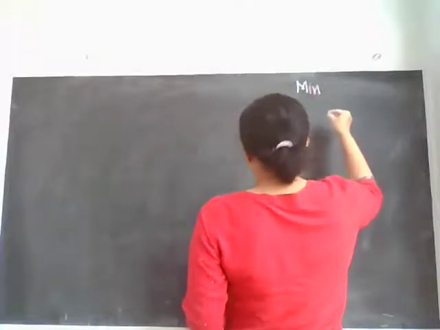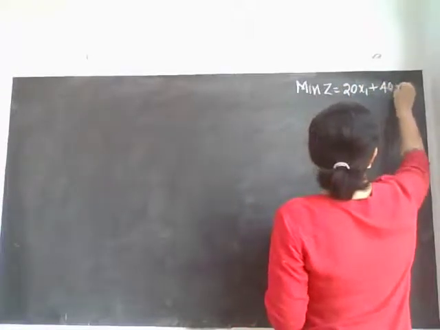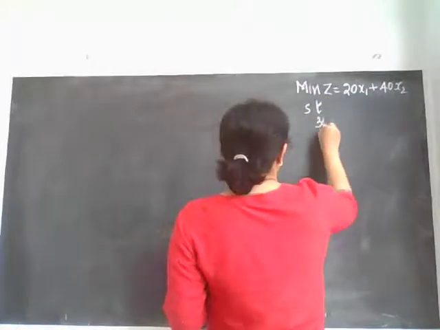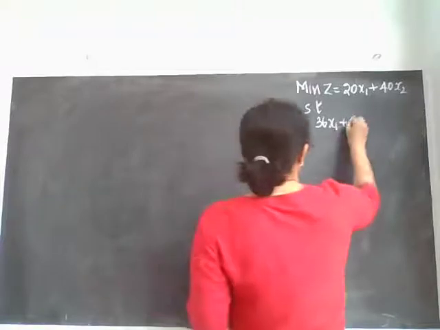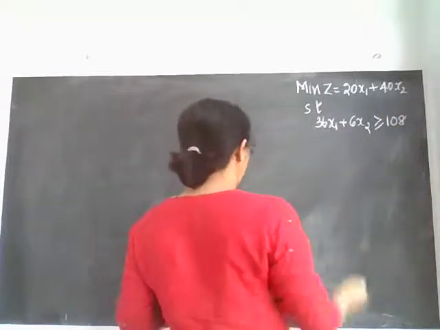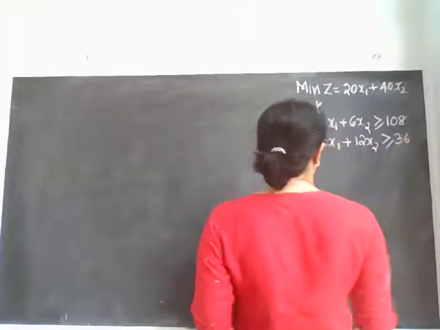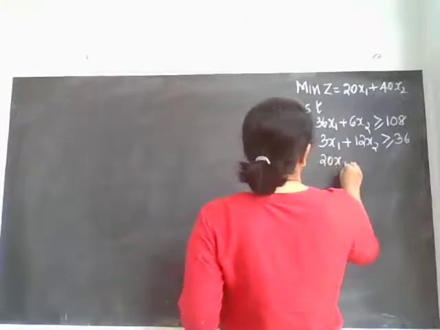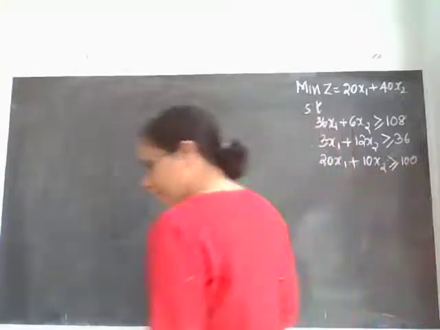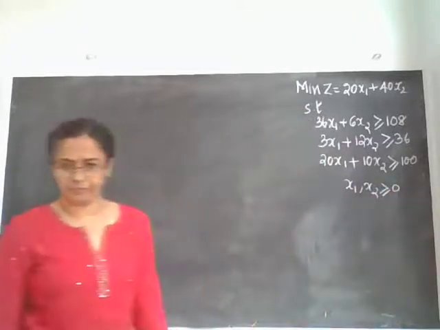Minimize z equal to 20x1 plus 40x2 subject to 36x1 plus 6x2 greater than or equal to 108, 3x1 plus 12x2 greater than or equal to 36, 20x1 plus 10x2 greater than or equal to 100, and x1, x2 greater than or equal to 0. This is the problem.